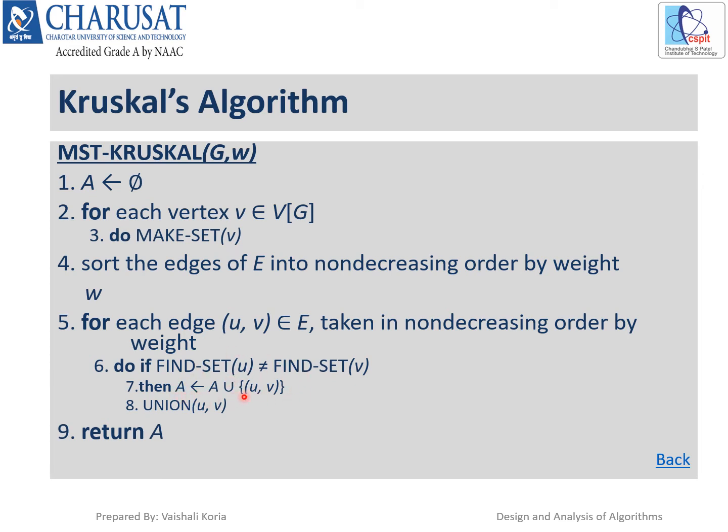After adding that edge into the solution set, you have to call the union operation on UV. So these two sets will be combined and another set will be created which stores U and V both. So steps 5 to 8 would be performed for every edge of the graph, right? And in the last step, we have to return the solution set. Solution set A will store all the edges of the graph which create a minimum spanning tree.